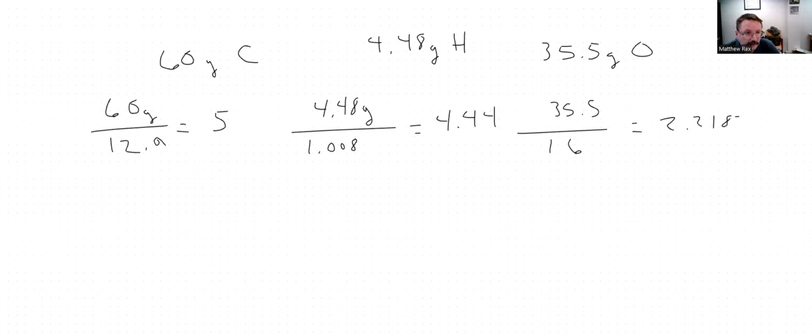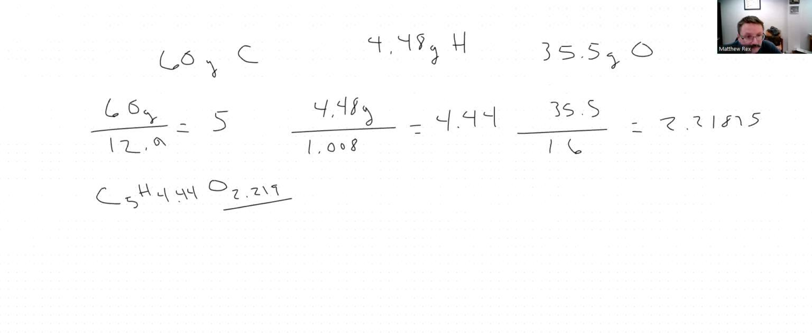So technically, my empirical formula is C5 H4.44 O2.219, we'll say. So these aren't whole numbers, and I don't think any of our answers are in this format. They're not. So we need to get these into whole numbers.